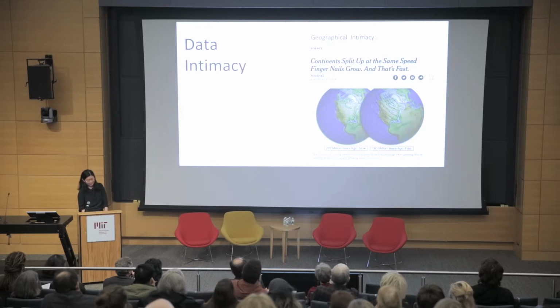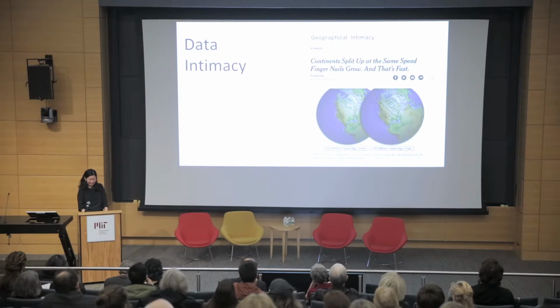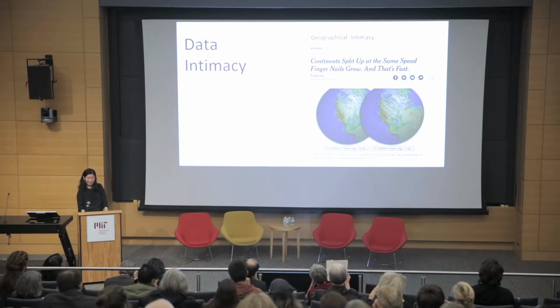Geographical intimacy refers specifically to the idea that one can relate to global phenomena, such as the movement of tectonic plates, to the growth of your fingernails. If we can do that, it helps us to understand these large phenomena differently. We have a constant and very personal relationship with the data that's collected from us.